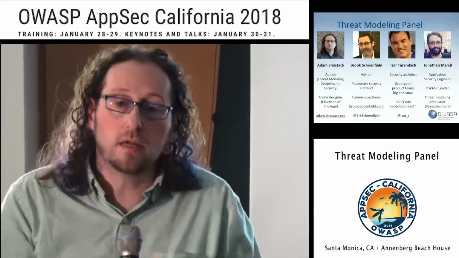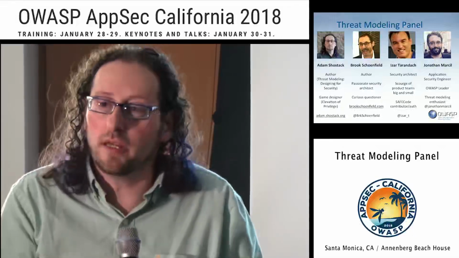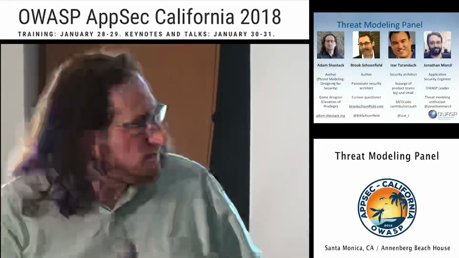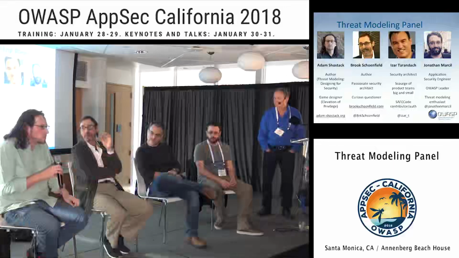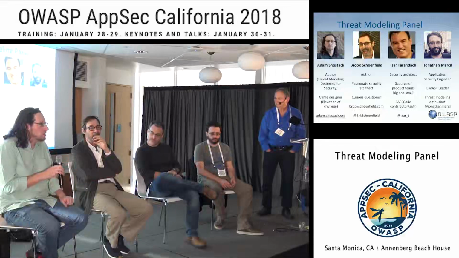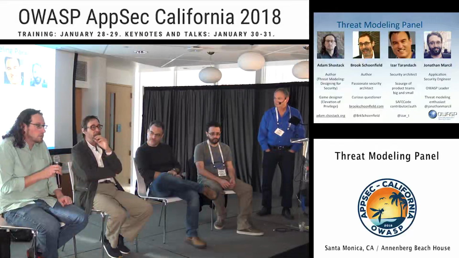It fits in with their two-week sprints because they put in effort up front to create a thing that lets them go faster. And then every now and then, I think it's once a quarter, they go back and say, we're going to dig in and double check our work a little bit.